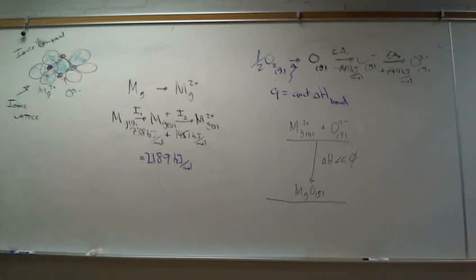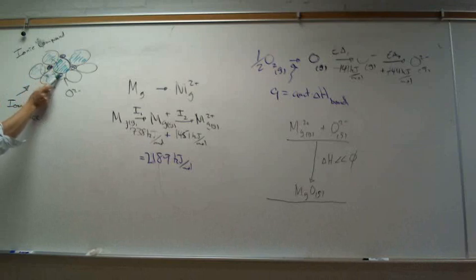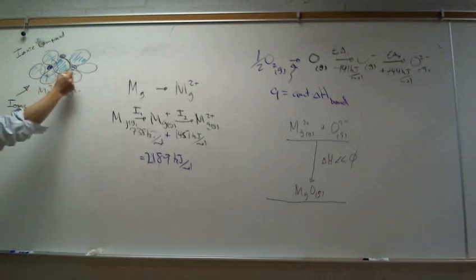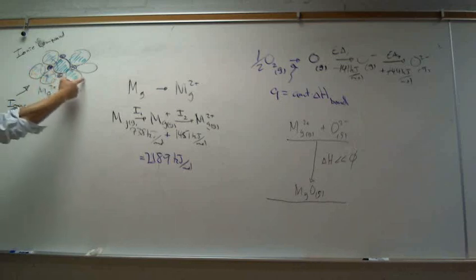It gets a little bit more involved, because each magnesium is bonded to what we call 6 oxide nearest neighbors. And then the next nearest neighbor is a magnesium, so it's repelled by the next nearest neighbor. But the next nearest neighbor is an oxide, so it's attracted. And the next nearest neighbor is a magnesium, and it's repelled.